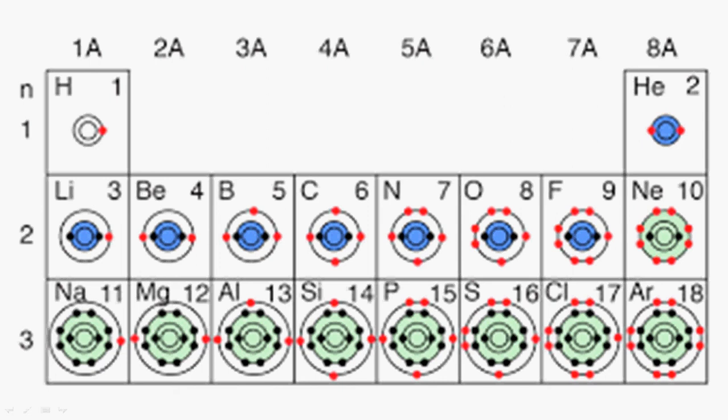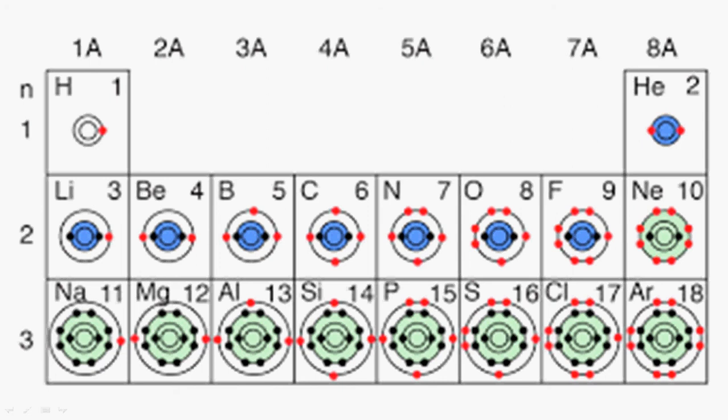Okay, so here in this diagram you can see that in the first period there is hydrogen having 1 electron. You can see there red colored electron in the valence shell, whereas helium is having 2 electrons. Okay, then in the second period lithium is having only 1 red bubble, that is the valence electron.